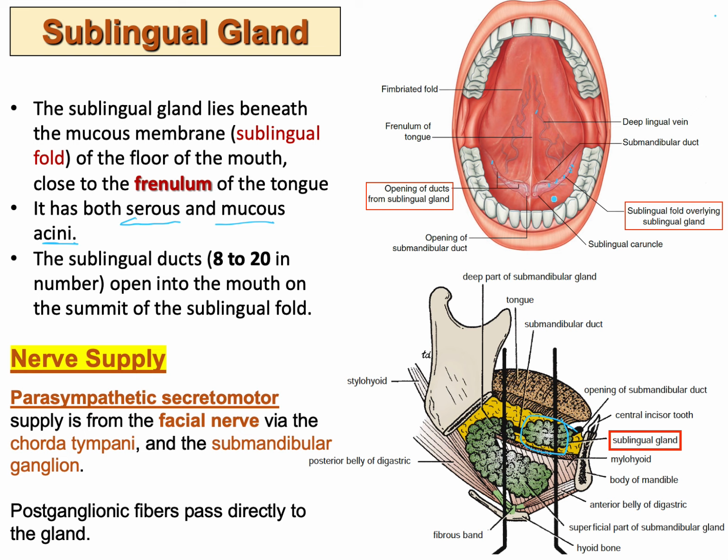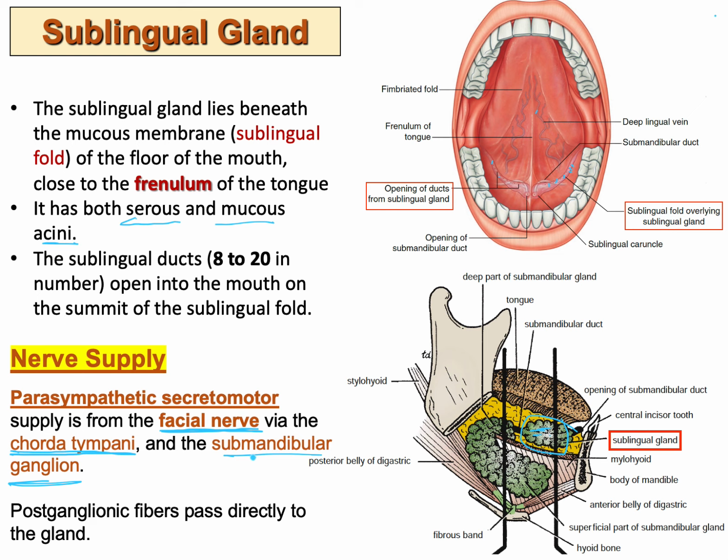Although I will talk more about the nerve supply for that gland and for the submandibular as well, for now just keep in mind that the secretion from the sublingual gland is under the effect of the parasympathetic system, in which the parasympathetic secretomotor supply is performed by the facial nerve, not directly from the facial nerve, but by its branch, the chorda tympani, and of course through the submandibular ganglion, which is important.